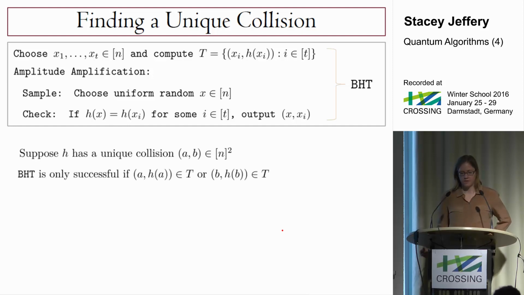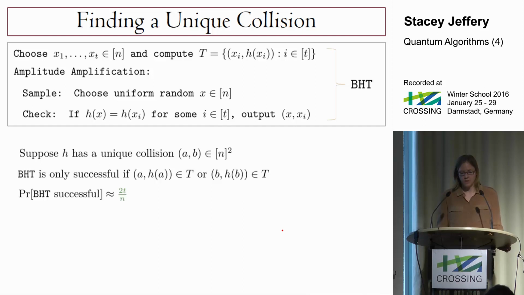And in fact, it only succeeds if either A or B is in our initial set of T things that we query. If A or B is in the table, then the Brassard-Høyer-Tapp algorithm will succeed. But if A and B are both not in the table, then we can look for as long as we want, and we'll never find something that collides with the table, because such a thing does not exist.